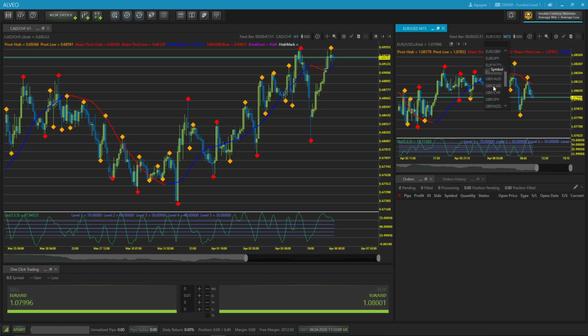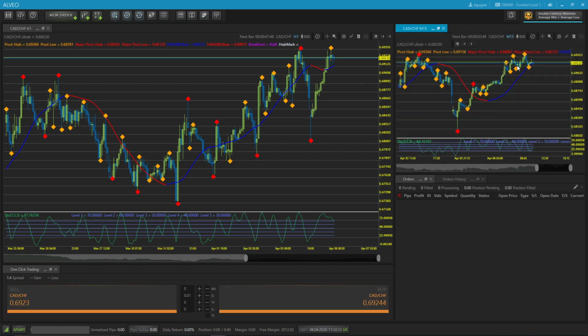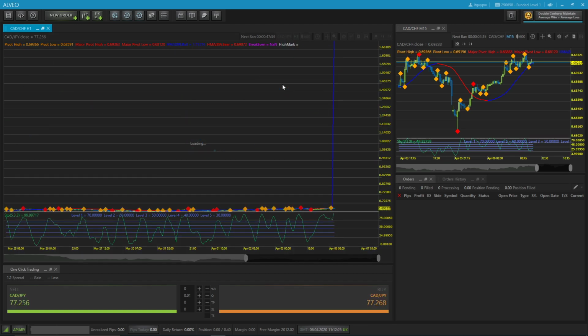Look on the 15-minute chart for confirmation, but I think this is kind of slowing down its upward momentum, so definitely want something with more momentum.